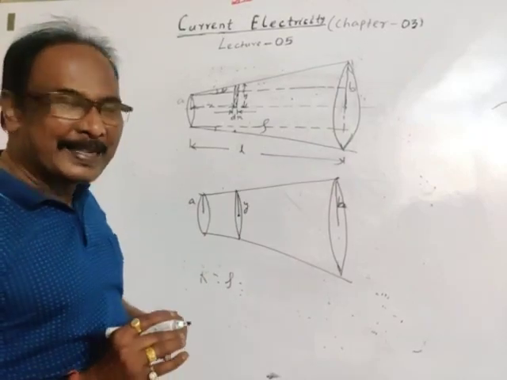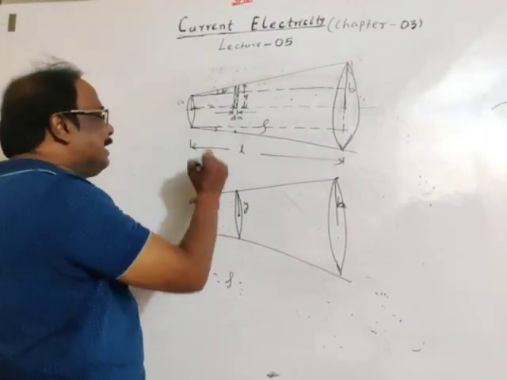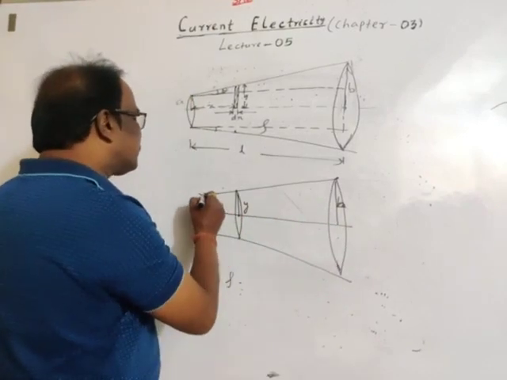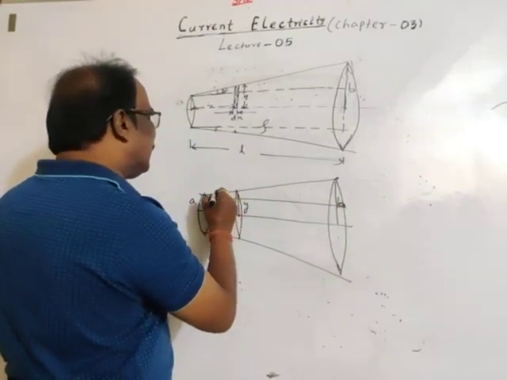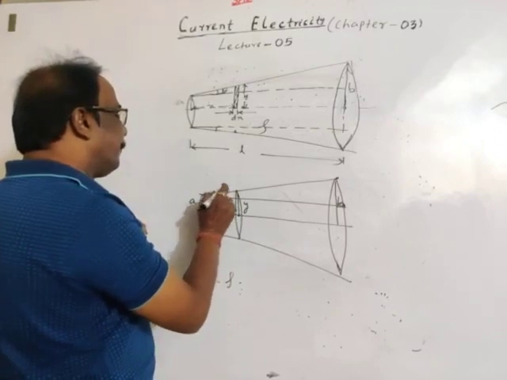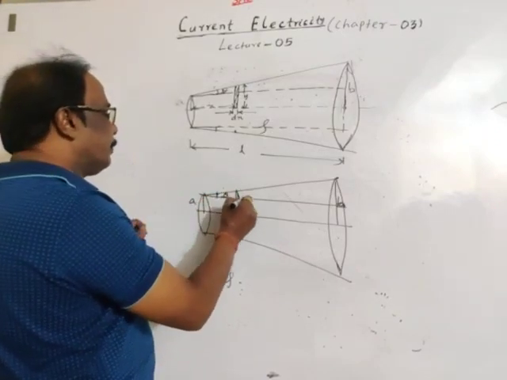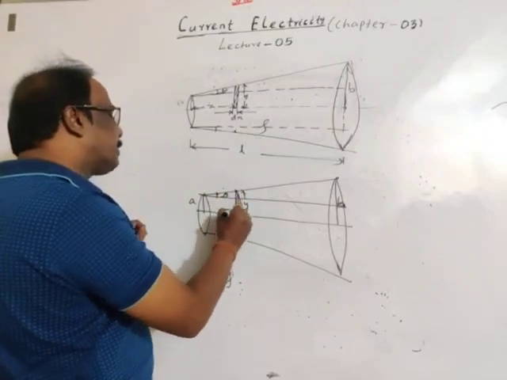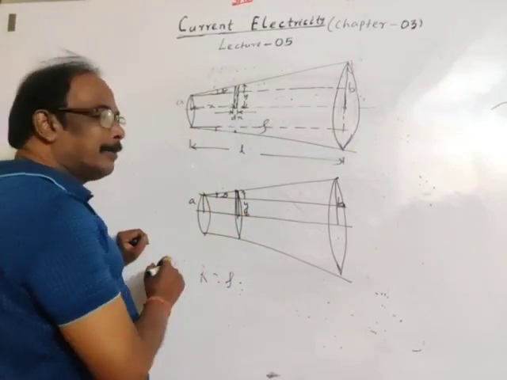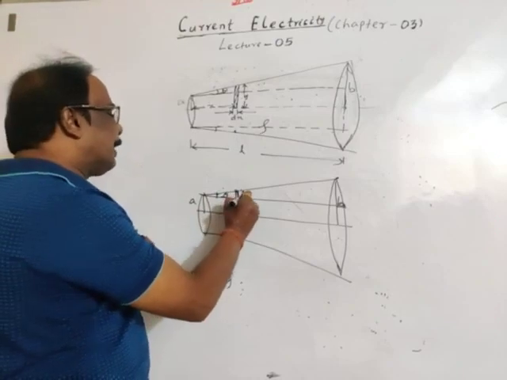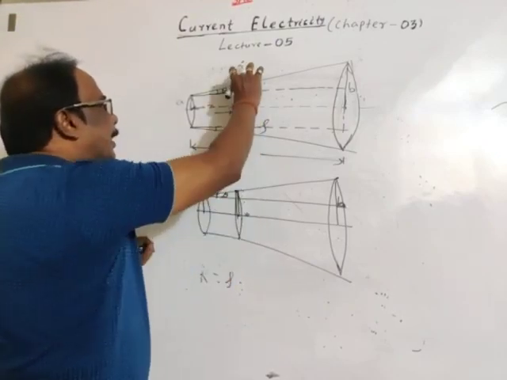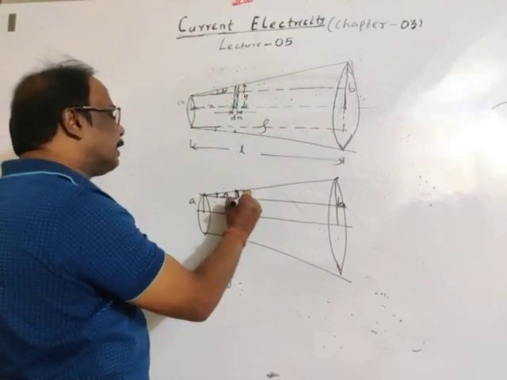Okay. So this angle is theta. You just see, this angle is theta. The total length is y. The strip is of thickness dx. So what about this length? If this total length is y, then what about this length?